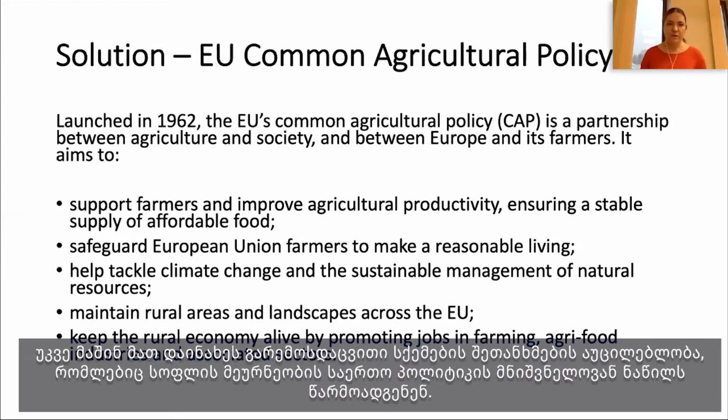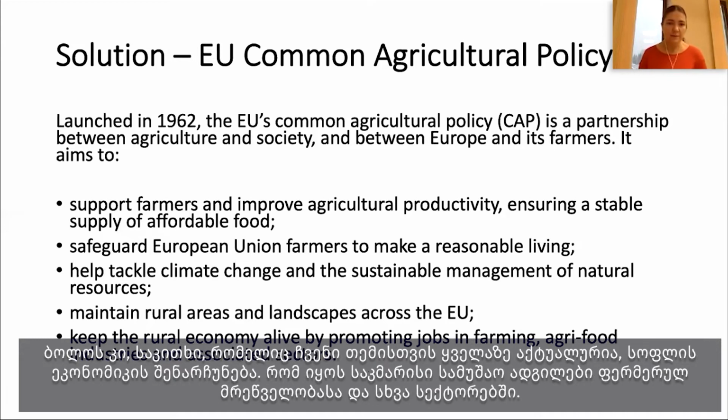Already then, they saw a need for agri-environmental schemes, which are also an important part of the Common Agricultural Policy. And the last one, which is the most relevant for our topic today, is to keep the rural economy alive, so that there are enough jobs in farming industries and in other sectors.